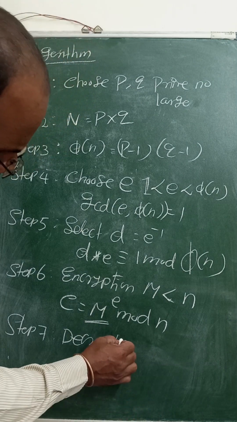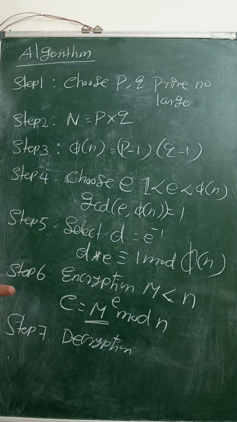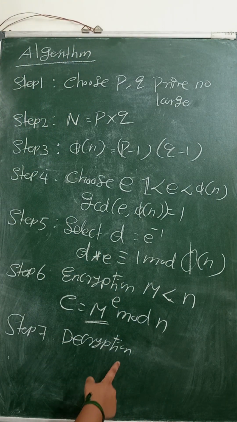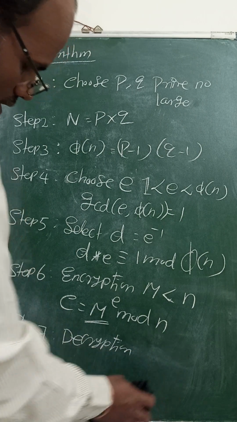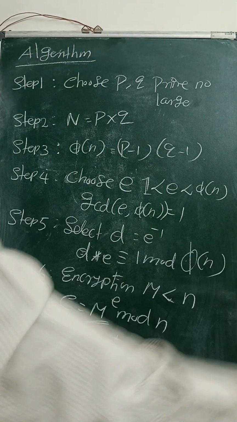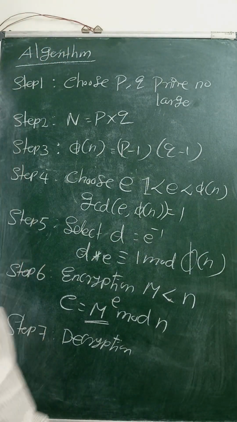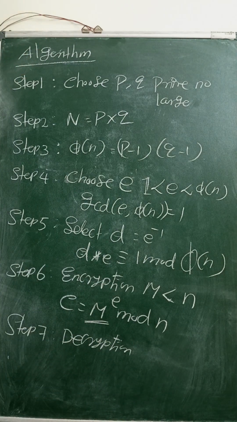Step seven: decryption of the plain text. m equal to c to the power of d mod n.